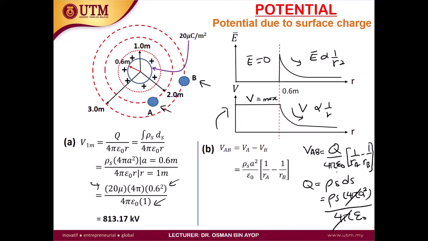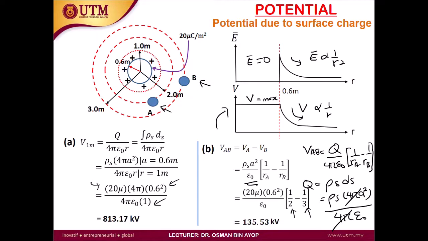So what remains is rho S a square divided by epsilon naught. And then you put everything in, and your final answer will be 135.53 kilovolt. So this is RA equal to 2 meters and RB equal to 3 meters.